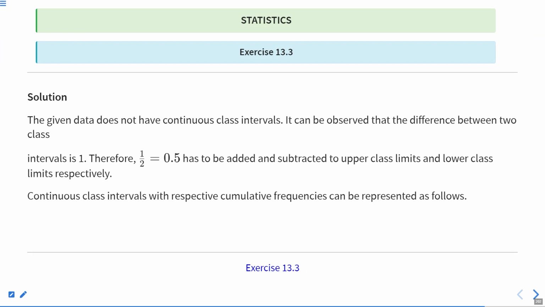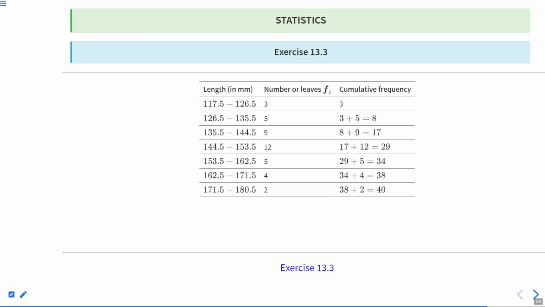The given data does not have continuous class intervals, and the difference between two class intervals is 1. Therefore 1 by 2, that is 0.5, has to be subtracted from the lower class limits and added to the upper class limits. The continuous class intervals with cumulative frequencies can be represented as follows.